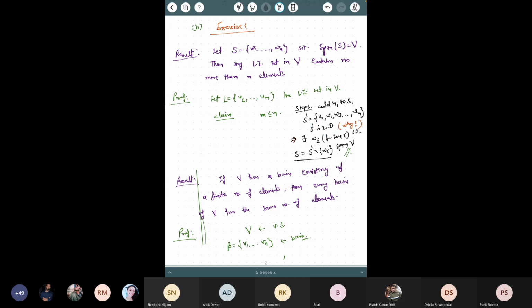So whenever you are adding these ui's to this set S, there has to be one wi to remove, because if no such wi exists to remove at any step, that is a contradiction to the linear dependence lemma, and therefore this m has to be less than or equal to n.